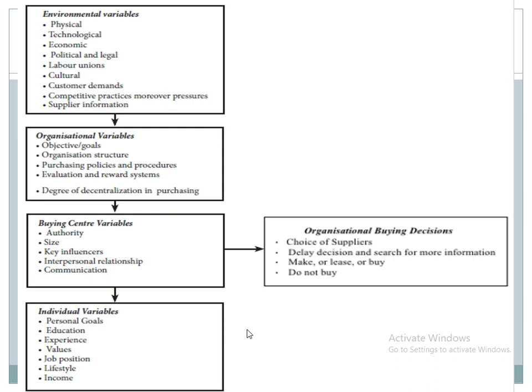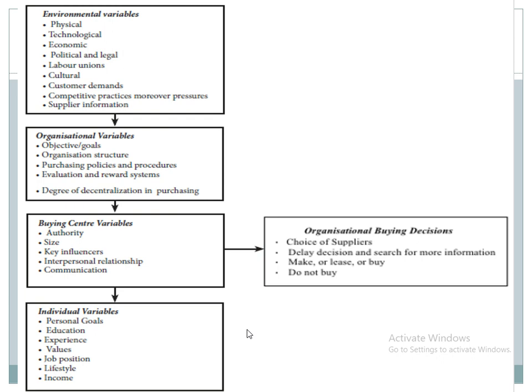buying decision making process. So that's why we have seen what we understand by individual variables, what is the buying center, what are the organizational variables, and so on. The environmental variables include physical, technological, economic, political, legal, labor unions, cultural, customer demands, competition, and supplier information.